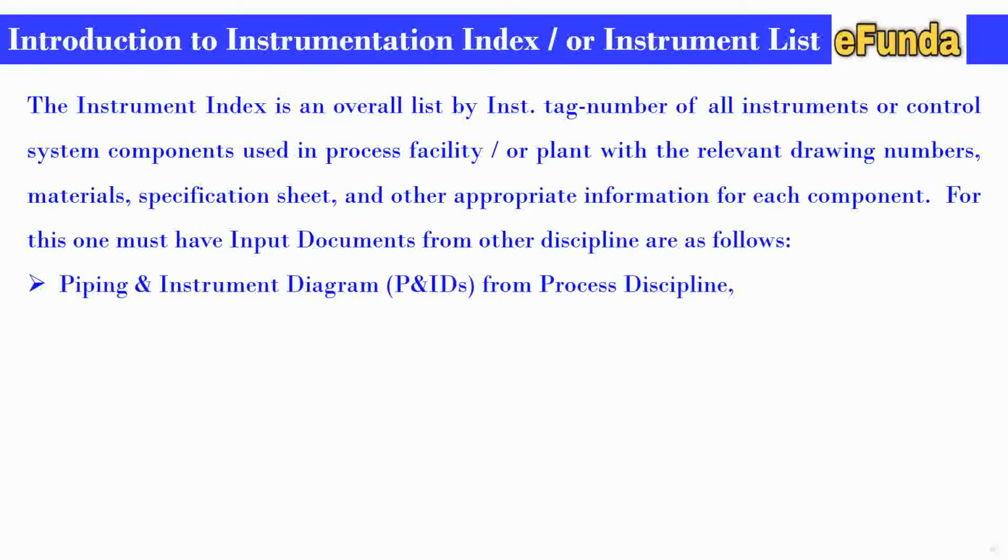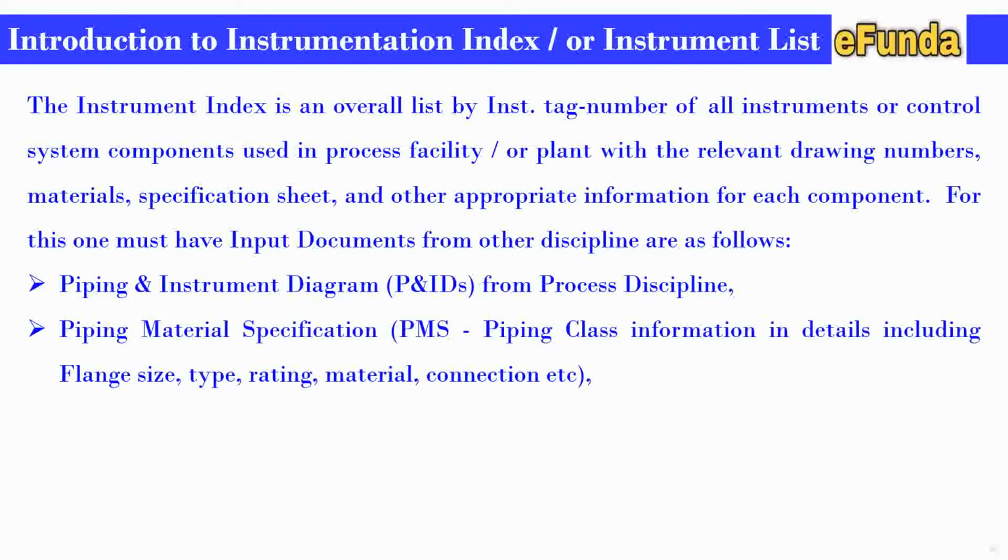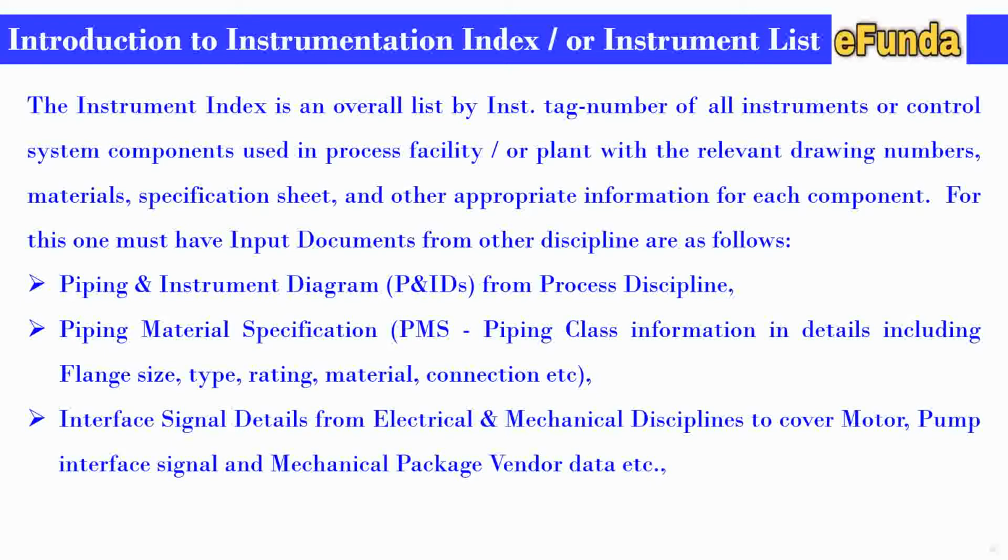Piping and instrumentation diagrams, that is P&IDs, from the process discipline. Piping material specification, that is PMS. Piping class information in detail including flange size, type, rating, material, connection, etc. Interface signal details from electrical and mechanical disciplines to cover motor and pump interface signals, and mechanical package vendor data, etc. Other necessary input from the client or company.